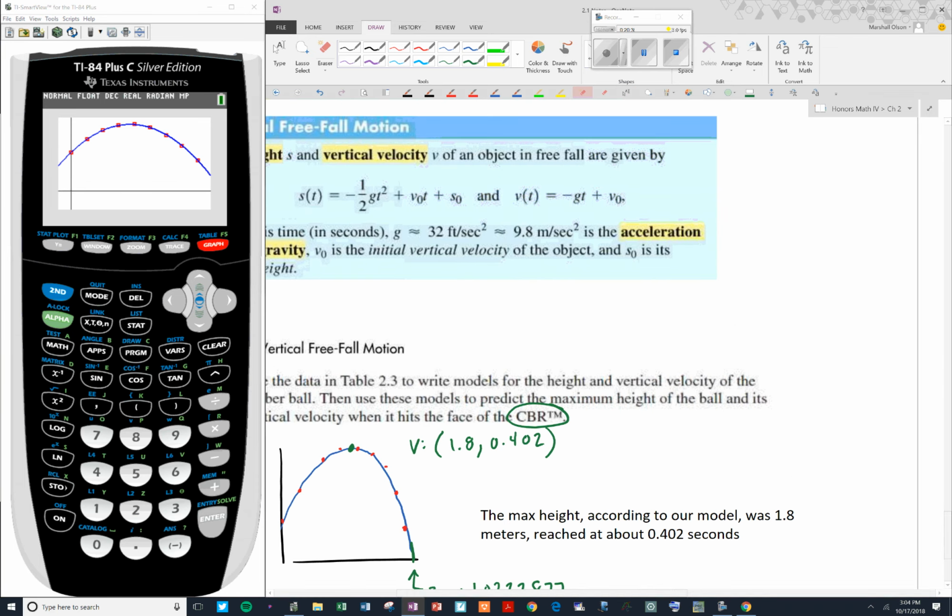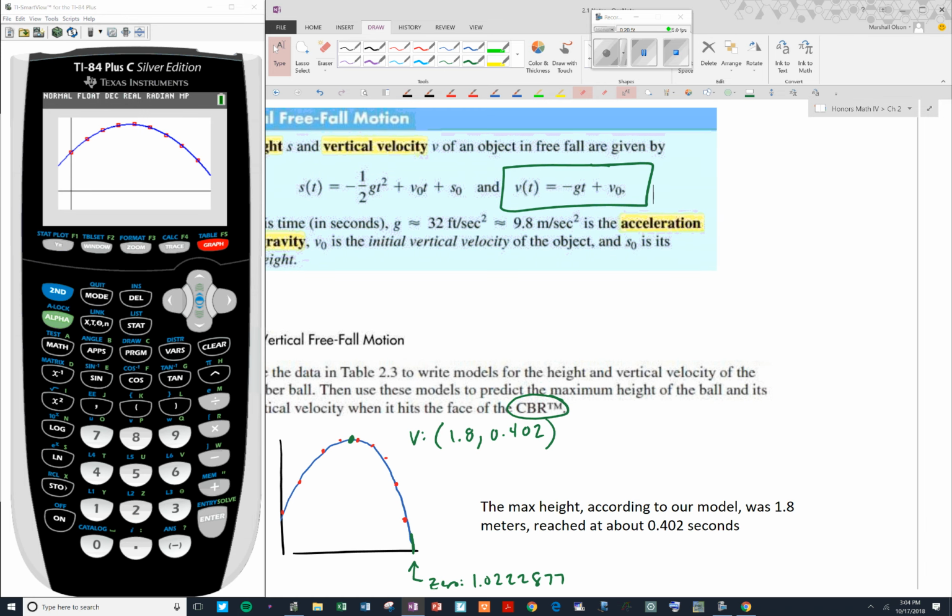But here, let's go up here and take a look at this. What we're going to need for this equation is this velocity calculation that tells us that the velocity after t seconds can be found by negative g times t plus v sub 0. So, negative g of t plus v sub 0 are all things that we can get from our values that the calculator gave us for the regression.